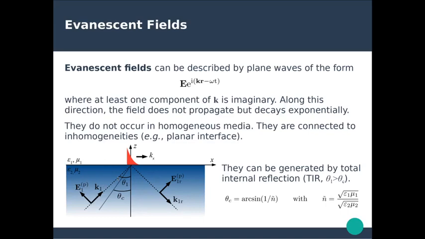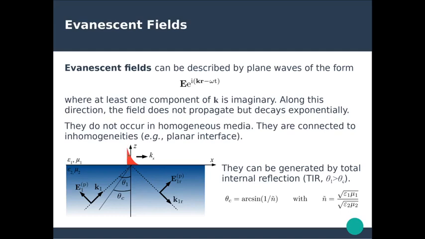For a particular condition, this interface will reflect some of the light, some of this electric field, and the rest will be transmitted. And for some specific cases, we can have an exponential decay of the field at the surface when moving away from the surface.